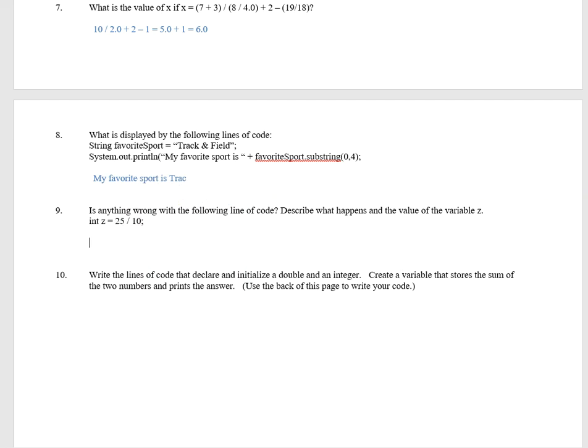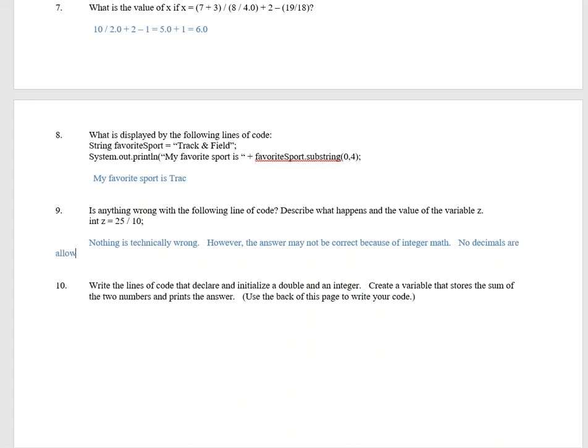So is anything wrong with this? Well, the answer here would be nothing is technically wrong. However, the answer may not be correct because of integer math, no decimals are allowed in the answer.